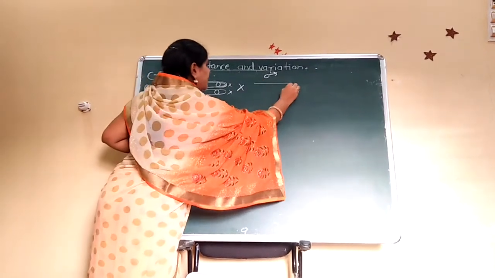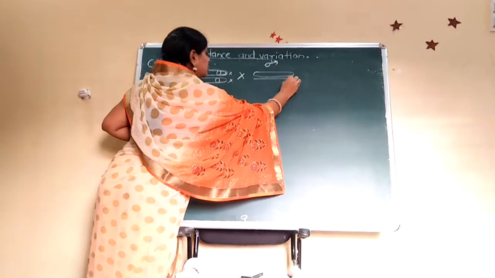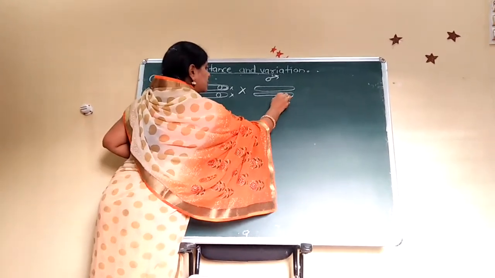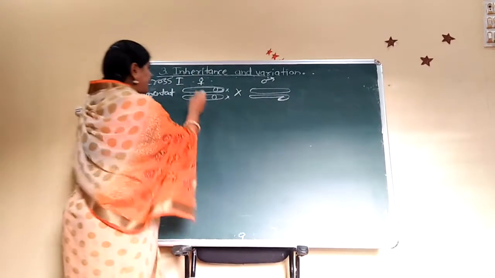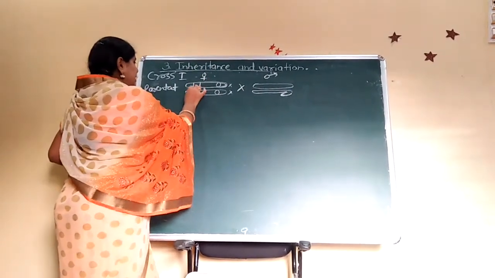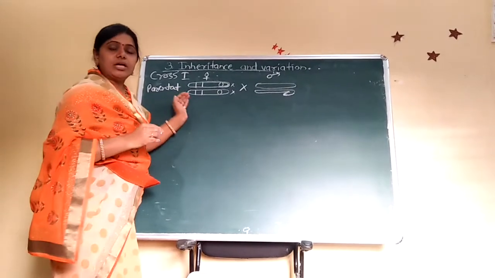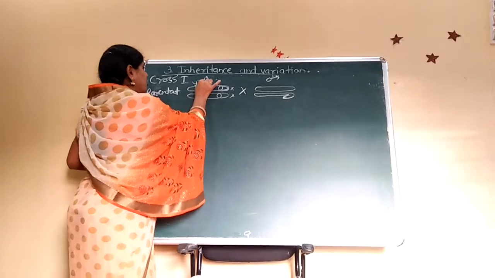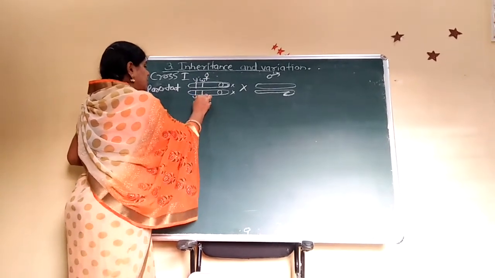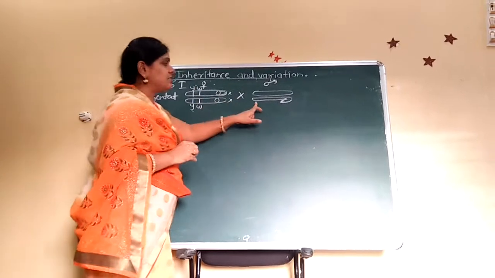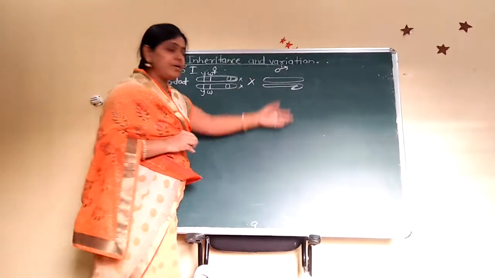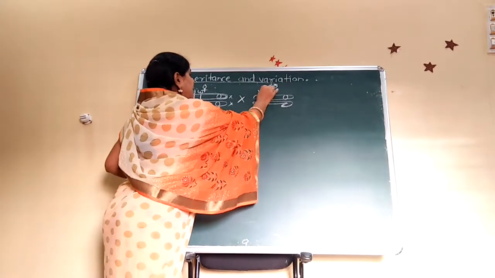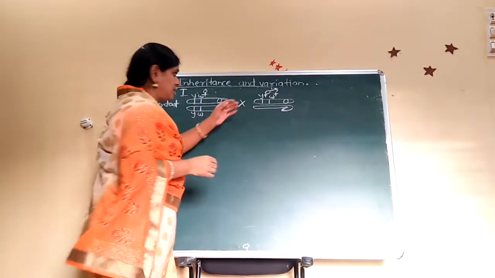The male has one X chromosome and one Y chromosome. The gene for yellow body and white eye is small y, small w, and the wild type shows dominance as y plus w plus.